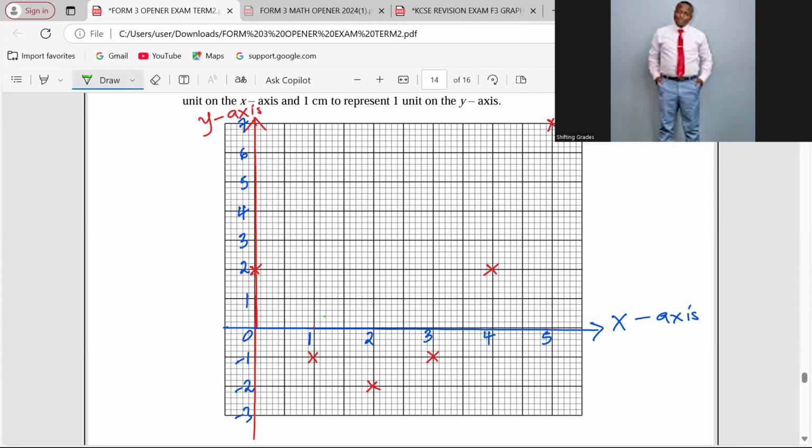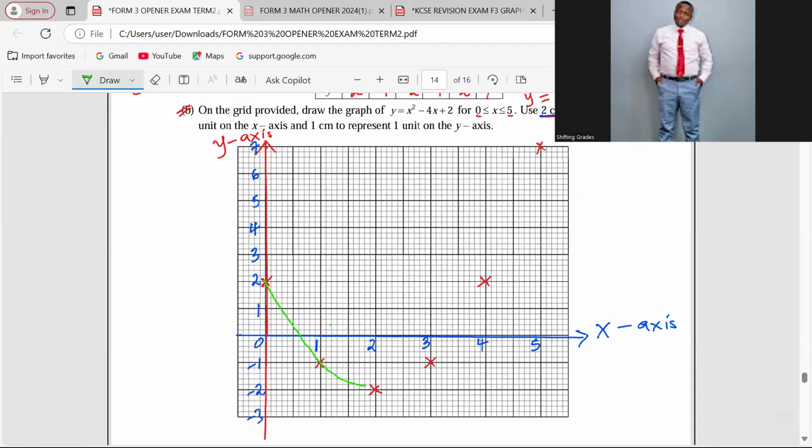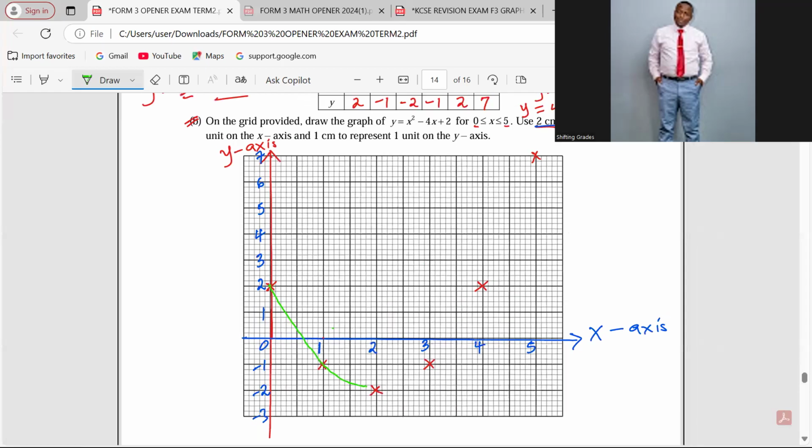Trying to position my grid very well so that everything is perfect. Look at this. Now at the turning point, I am supposed to be very careful, extra careful actually.